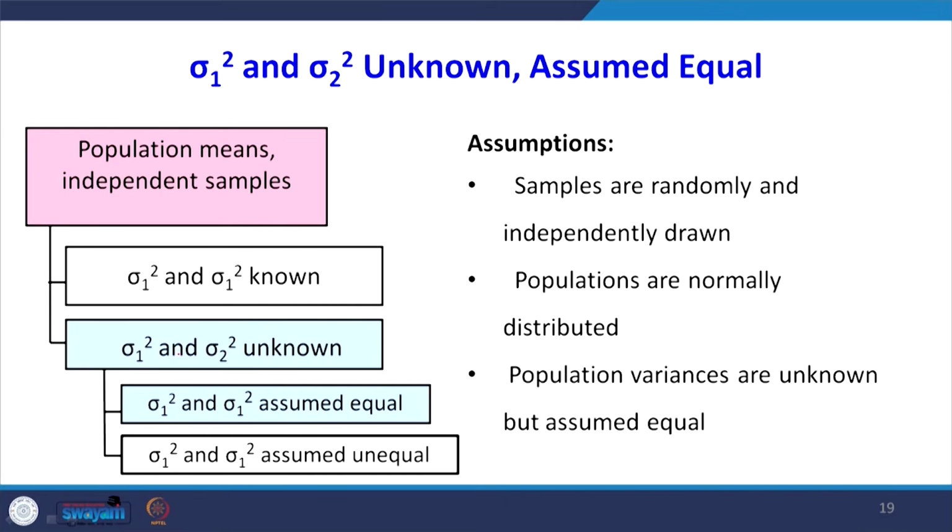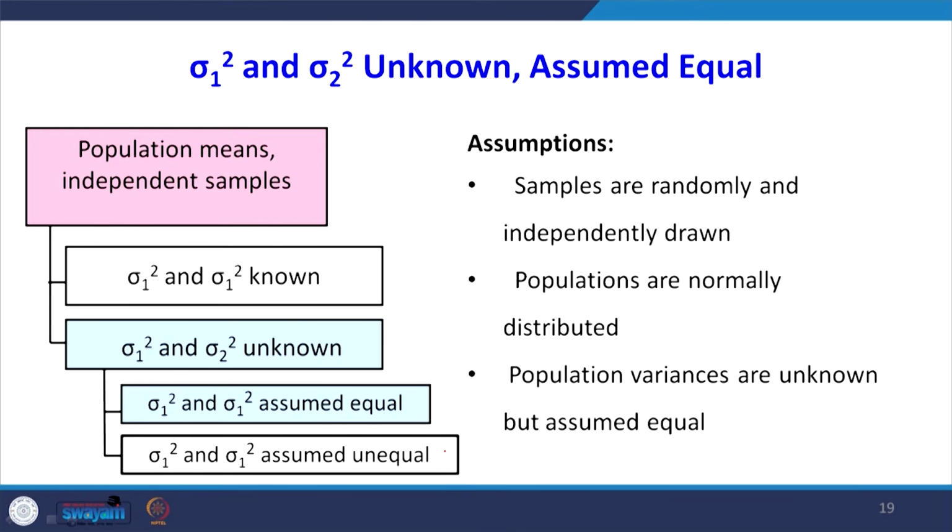So, the second case, with the blue one, is sigma 1 square and sigma 2 square unknown. When unknown, we are going to make another assumption that they are equal. There is another possibility, that it is unknown but unequal. We will come to that after some time. First we will take sigma 1 square, sigma 2 square unknown but assumed equal. What assumptions are we making?